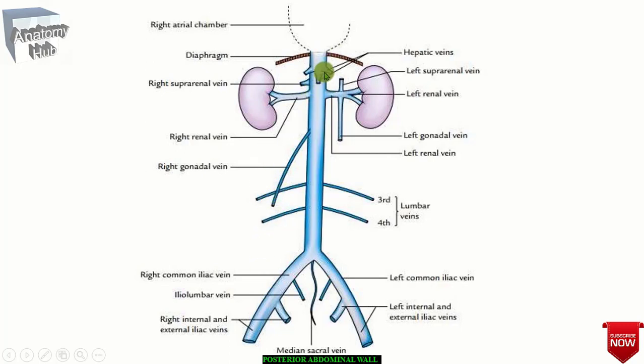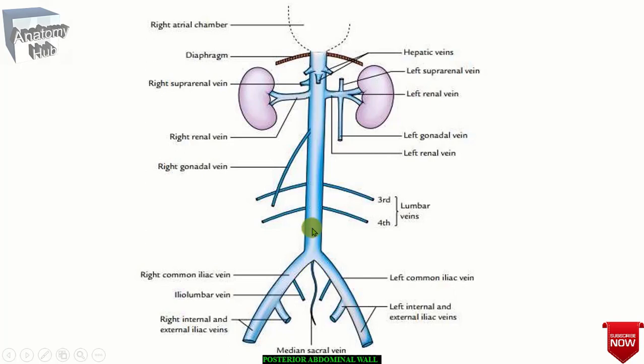The formation, course and termination of the inferior vena cava is important, because it is formed by the union of your right and left common iliac veins in front of the body of your L5 vertebra, below the aortic bifurcation and behind the right common iliac artery.